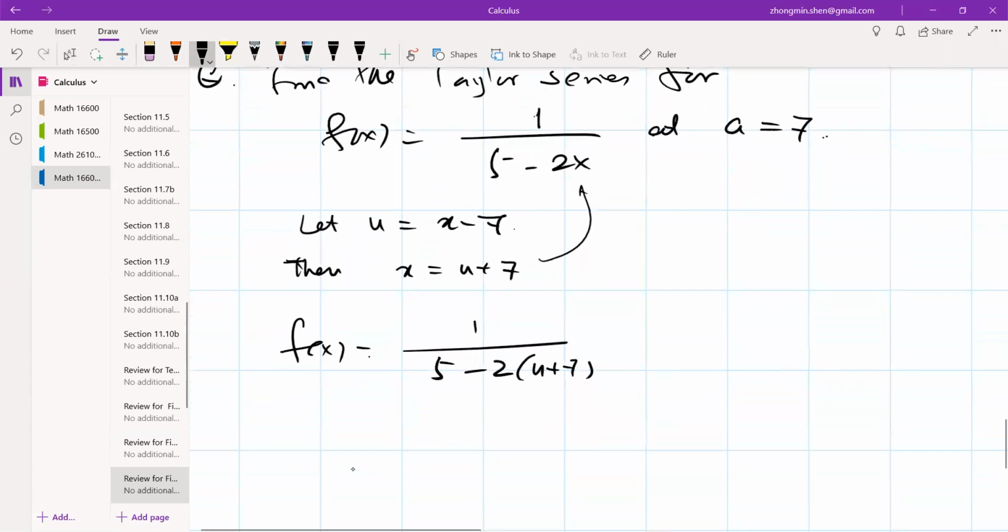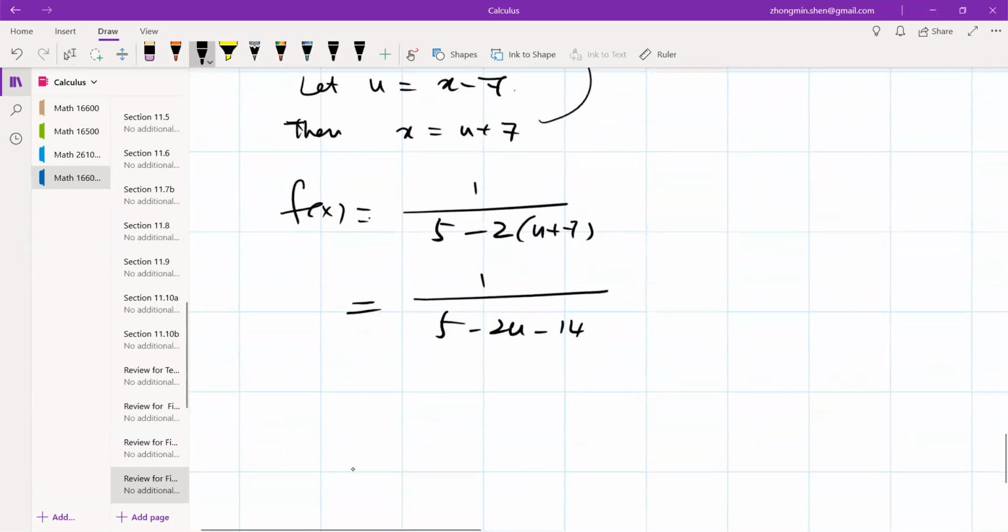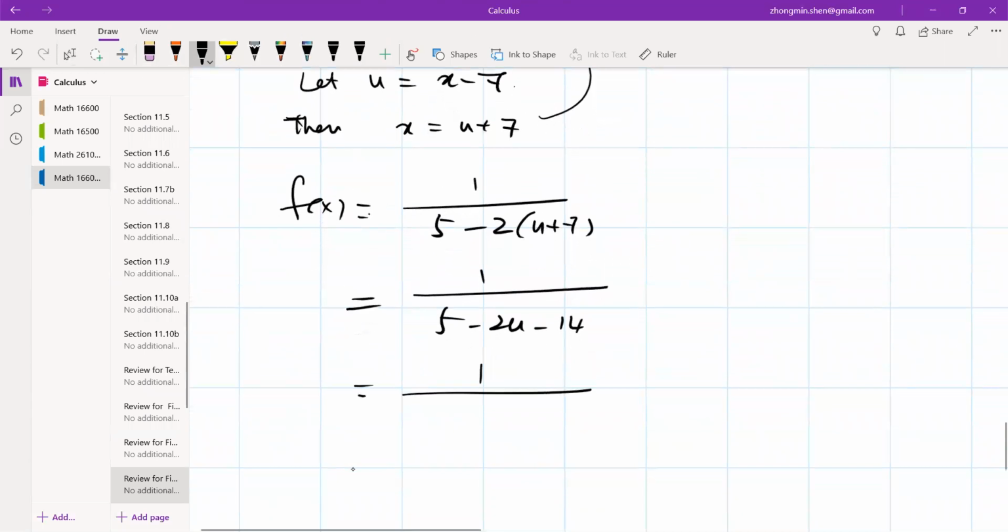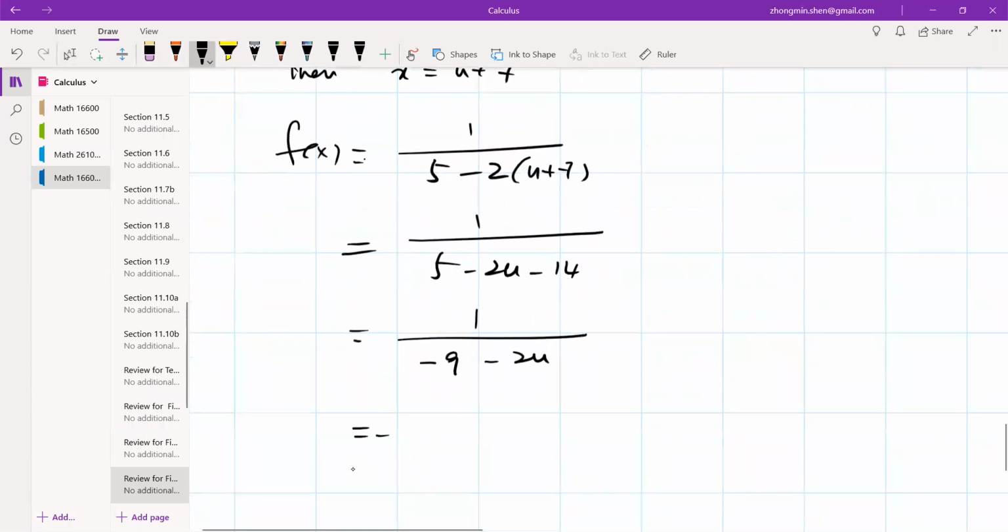Then you simplify it: 5 minus 2u minus 14. So you get negative 9 minus 2u. You have to express it as 1 minus something, so you take negative 9 out. So you will get negative 9 times (1 plus 2u over 9).